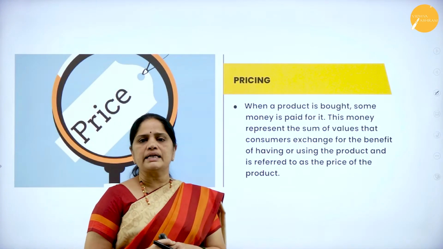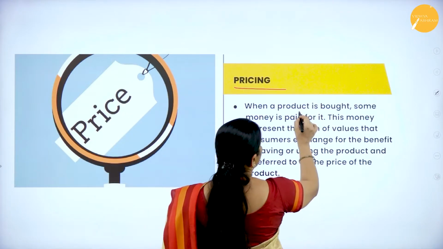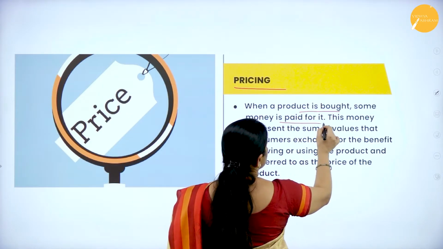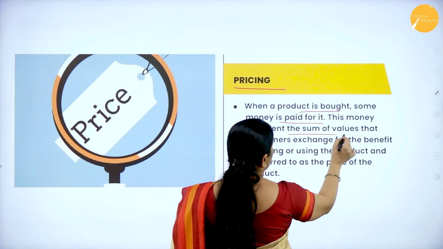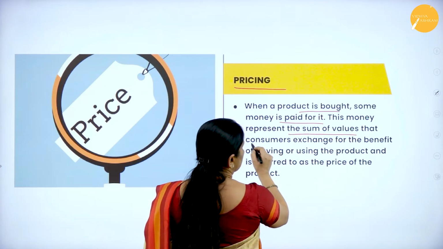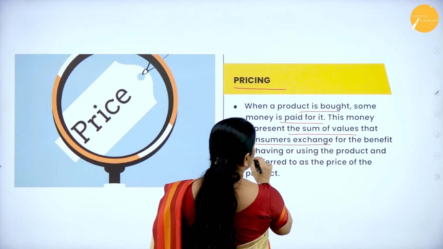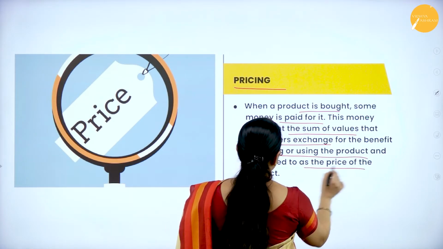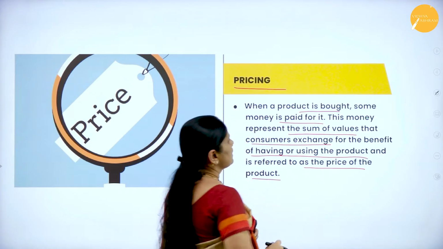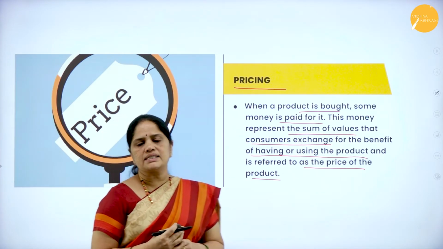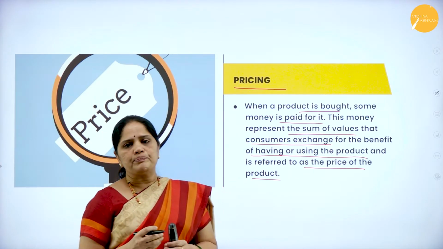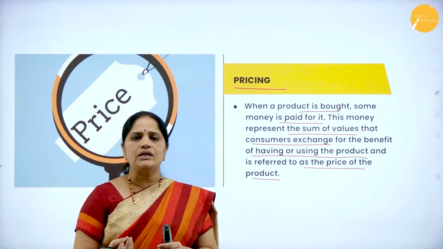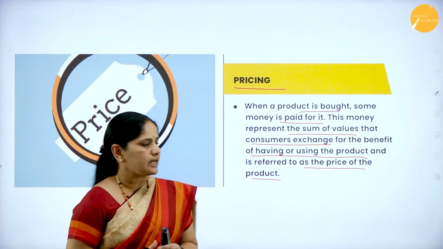Next important thing is pricing. When a product is bought, some money is paid for it. This money represents the sum of values that consumers exchange for the benefit of having or using the product, and is referred to as the price of the product. Whenever we purchase a product, we have to part with some amount of money in order to purchase it.